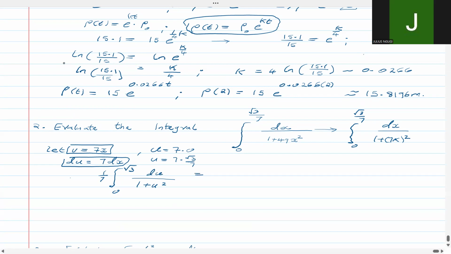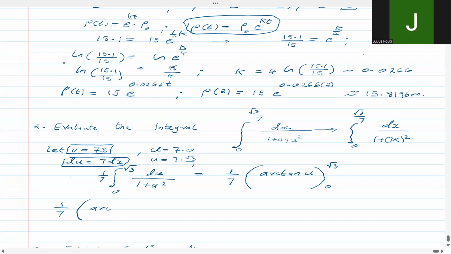So the integral here is a special one, because the integral of 1 over 1 plus u squared is arctan of u. Then using the fundamental theorem of calculus, we have the limits of integration from 0 to √3. So we have 1 over 7 outside the parentheses.